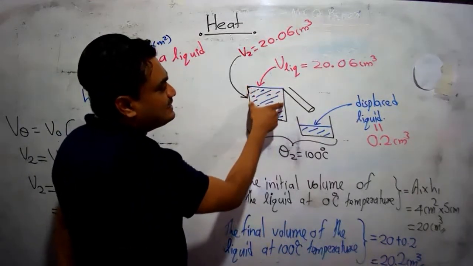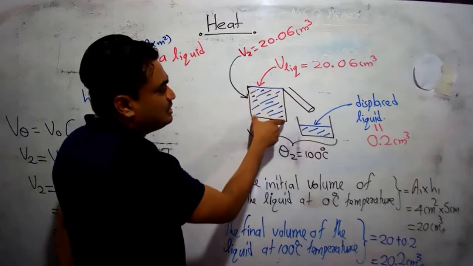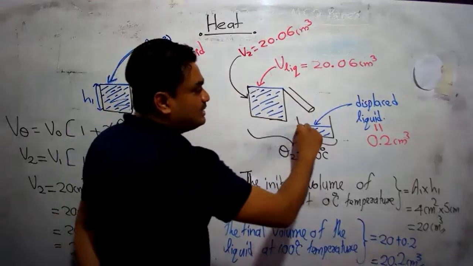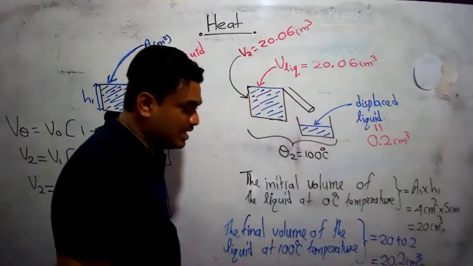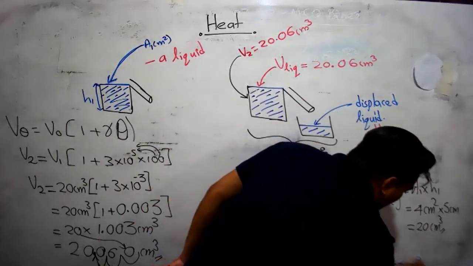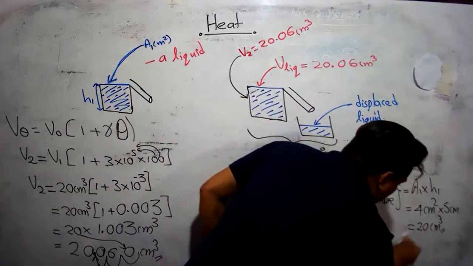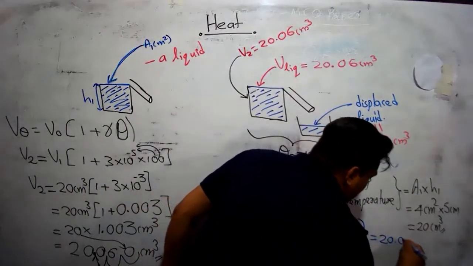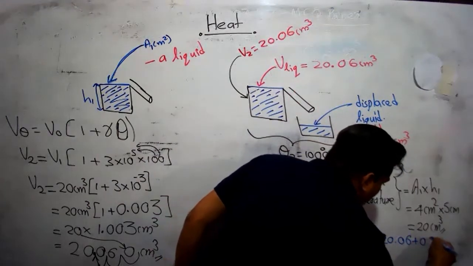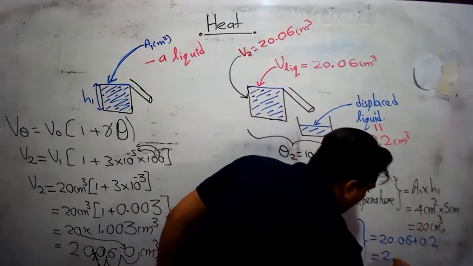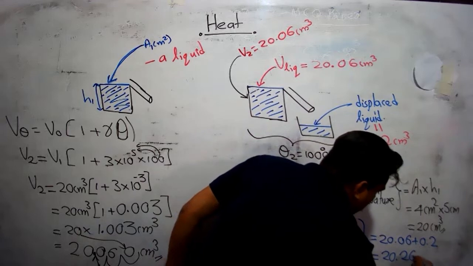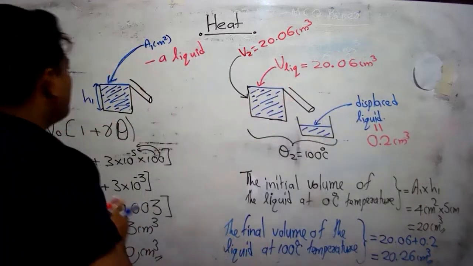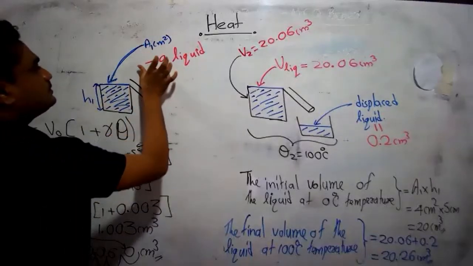So the volume of this section is 20.06. Volume of the displaced liquid is 0.2. Therefore, the final volume of the liquid is 20.06 plus 0.2. So that is 20.26 cubic centimeter.